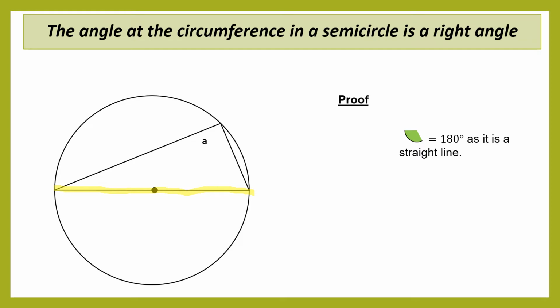If I am trying to find the angle on half of the semicircle, A is equal to half of the angle on a straight line, which is half of 180. So I'll get 90 degrees. Hence, the angle in a semicircle is 90 degrees.